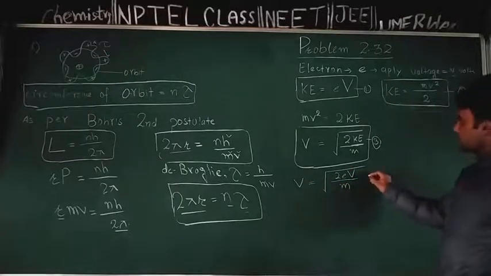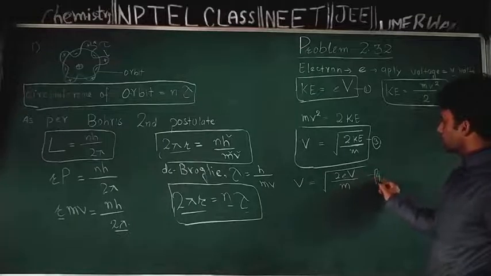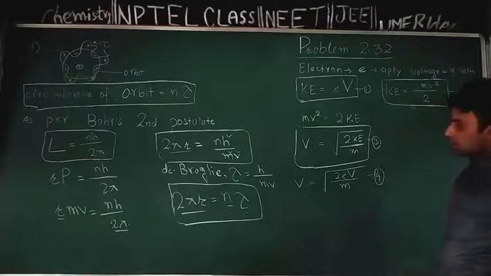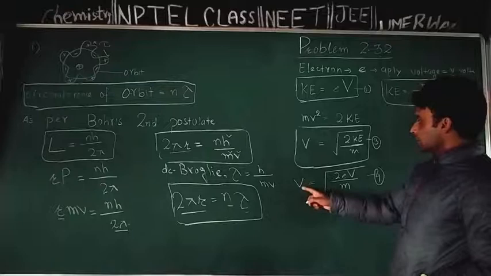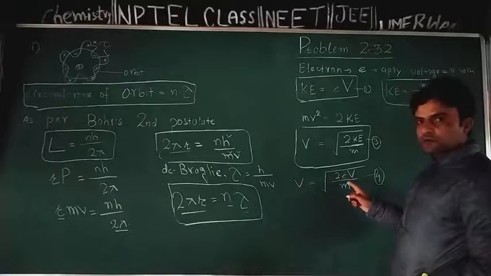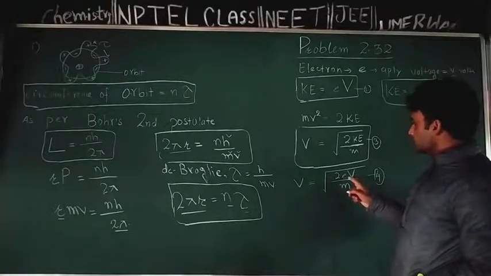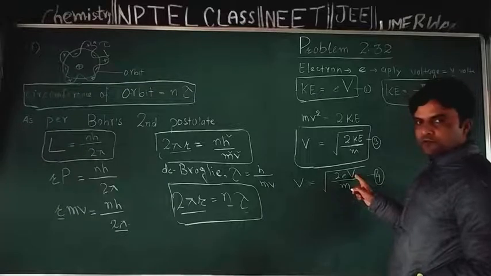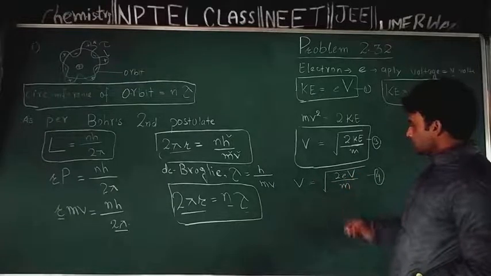I will label this as equation 4. This equation also gives the velocity of the electron in an orbit, but here the velocity of the electron does not depend on kinetic energy, it depends on the voltage in which it is present, the magnitude of charge on the electron and the mass of the electron.